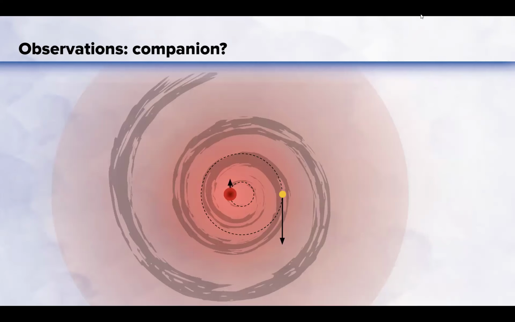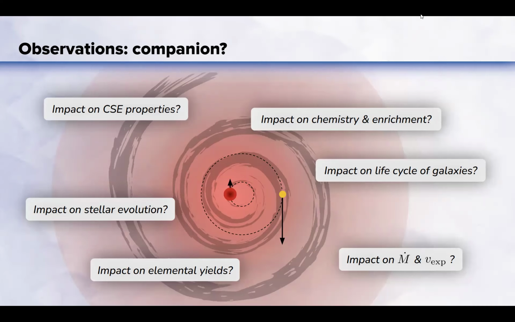Of course, this can have a big impact on what we researched earlier when we were assuming that these outflows were nicely spherically symmetric. For example, it can impact the properties of the circumstellar envelope itself, such as the mass loss rate and the expansion velocity. If we derive these values from observations assuming the whole thing was spherically symmetric, they might be different when there is structure going on.